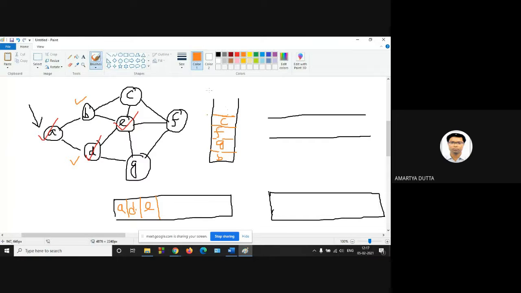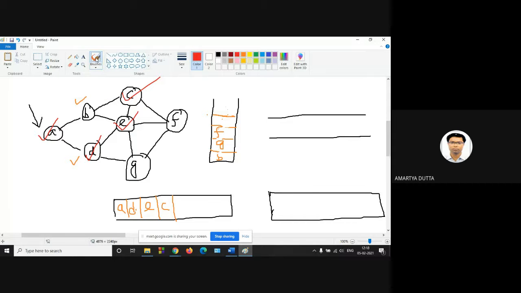C will be popped because C is the stack top. So write down C here. So C is scanned.